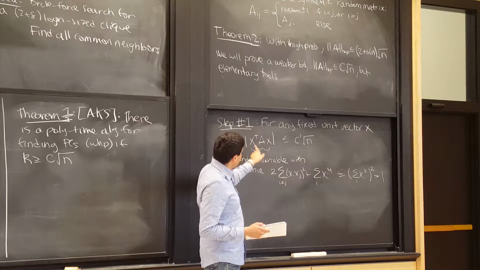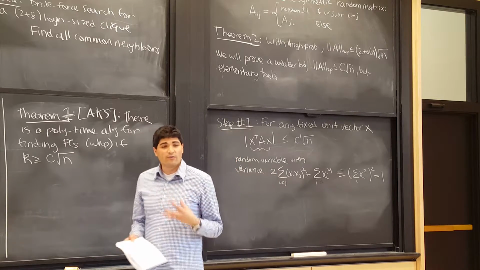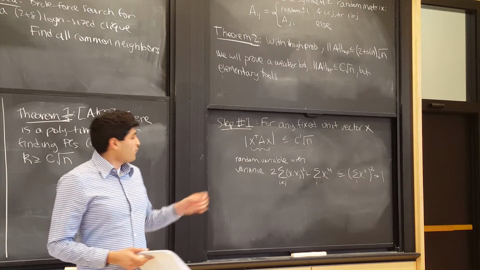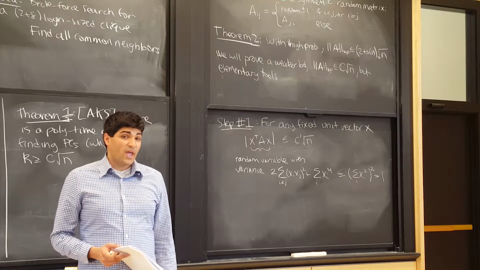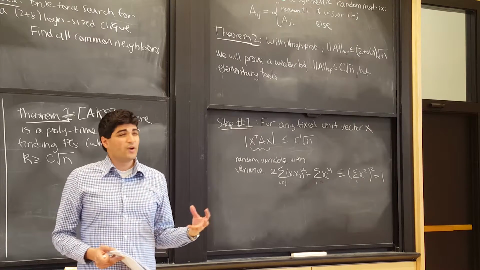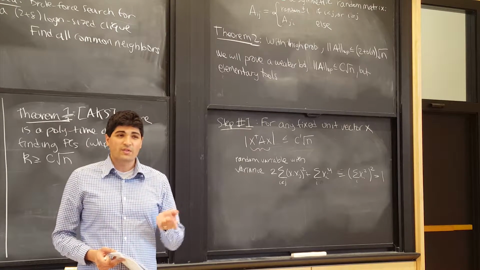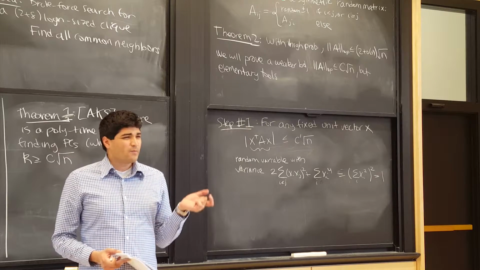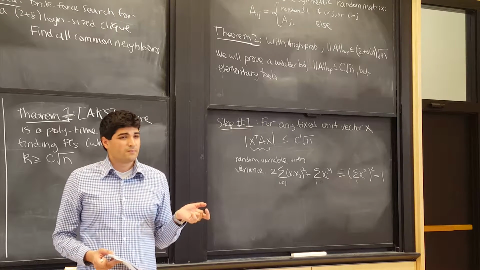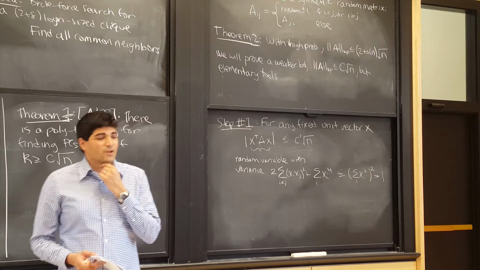So if we want, for a fixed vector x, and then we're going to take the union bound over many different vectors, and I just want the very loose bound that this quantity is at most roughly root n, what type of probability should this bound hold with? Can anyone give me a function of n?